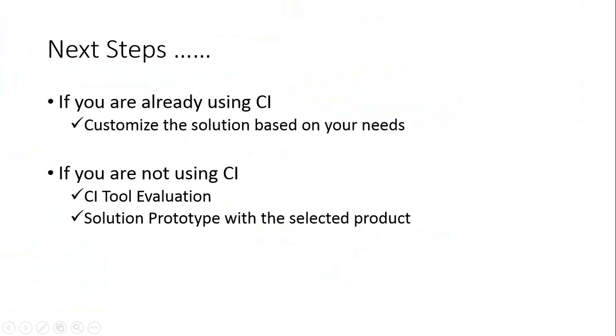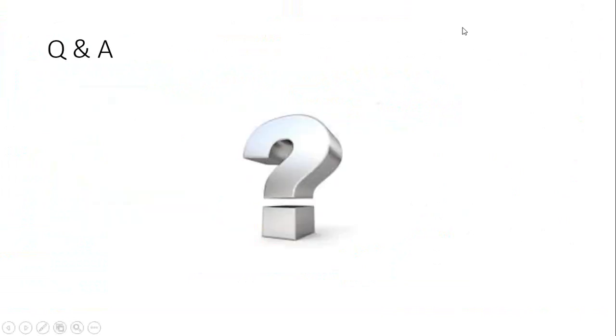What would be the first step is to evaluate the CI tools based on your need. If you haven't implemented CI, then I would definitely recommend maybe an open source project. Try and see how far you can fit this requirement into your organization. That will help you to convince your team lead or a business to sell your idea.